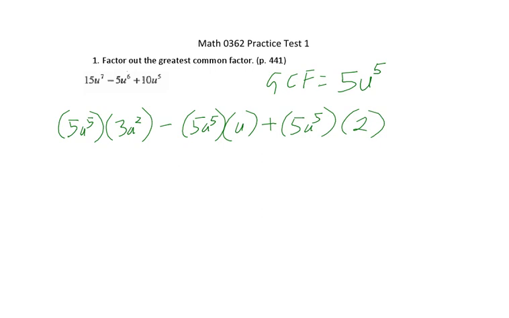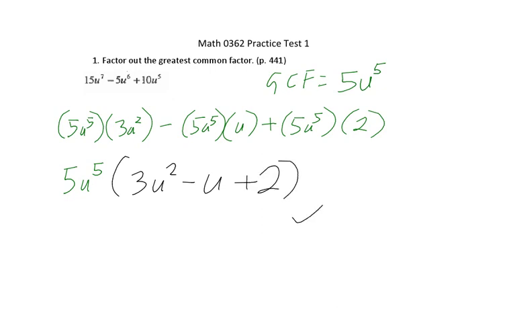Because notice how 5 times 3 is 15, 5u^5 and u become 5u^6, and 5 times 2 is 10. So what's left is 5u^5 because that's what's in common. And in big parentheses, we have 3u^2 minus u plus 2.